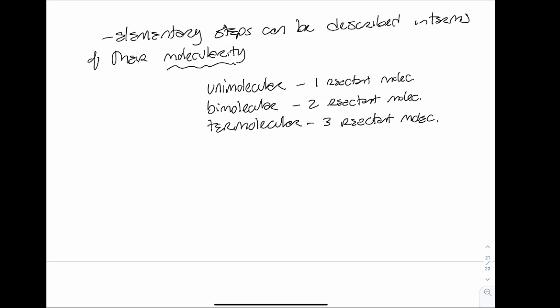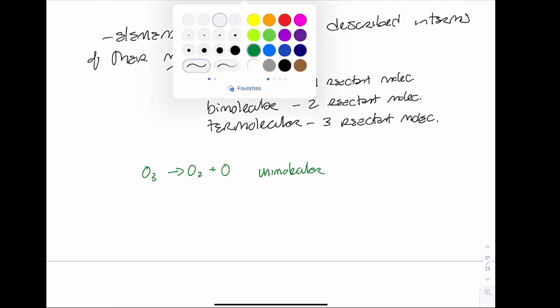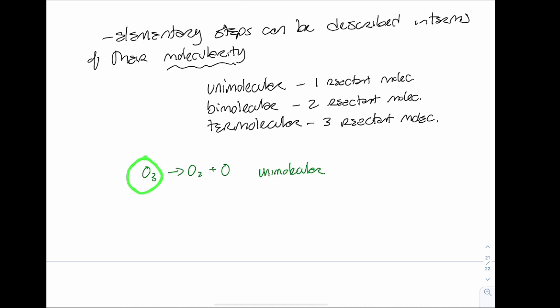A couple of quick examples for those. If I was to write O3, so that's ozone, going to oxygen plus just a single oxygen atom, this would be considered a unimolecular reaction. Right? I have 1 reactant molecule. It has a coefficient of 1 in front of it.